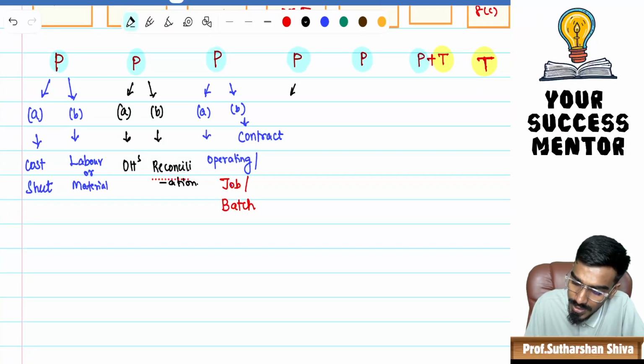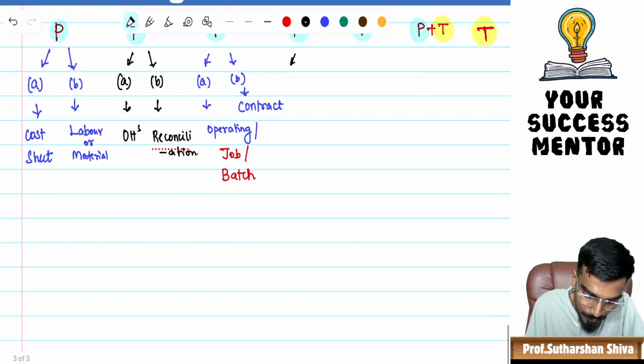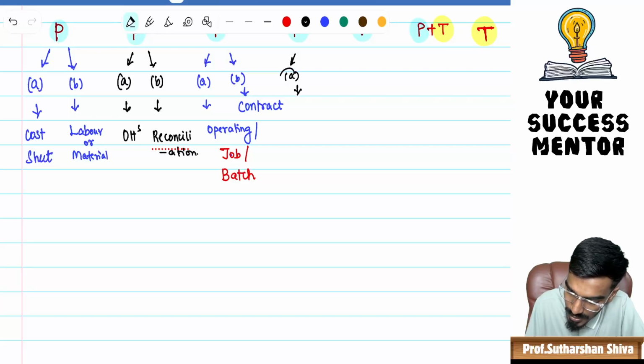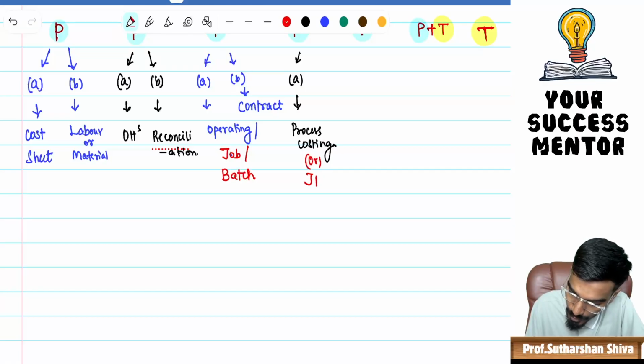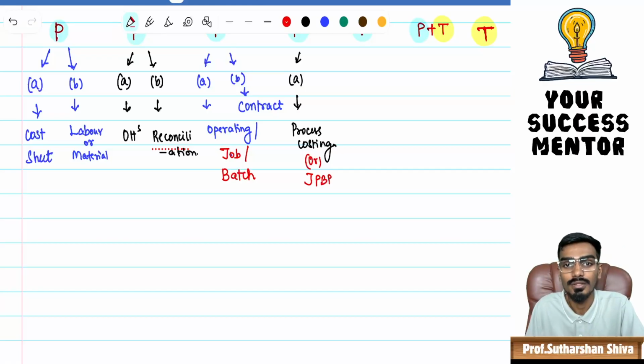Then we will be discussing question number 5A. Mostly 5A will be a part of process costing, or the possibility of JB, joint product by product, is possible.